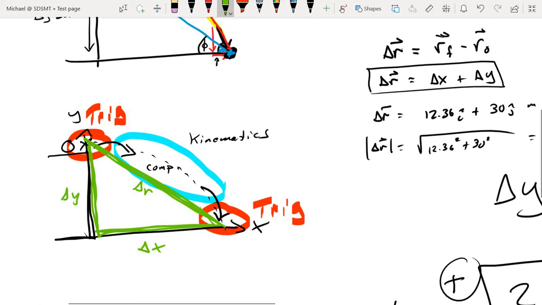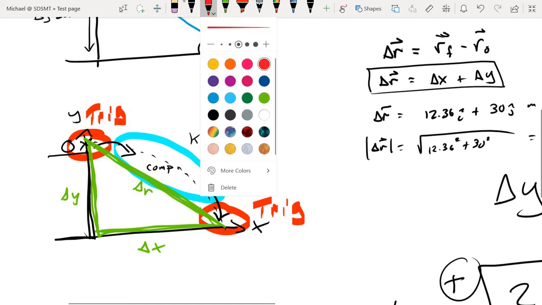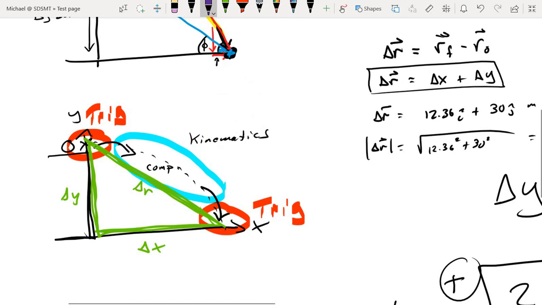And so this is why delta r does not describe the true path of our projectile. This is what we call our projectile motion. And so we have this projectile path, and it is parabolic. It is not a straight line like delta r would have us believe.